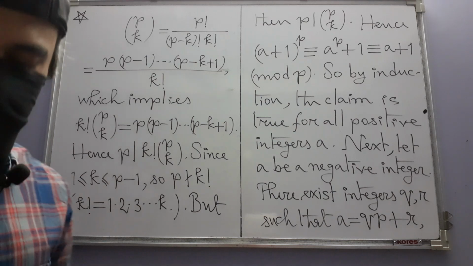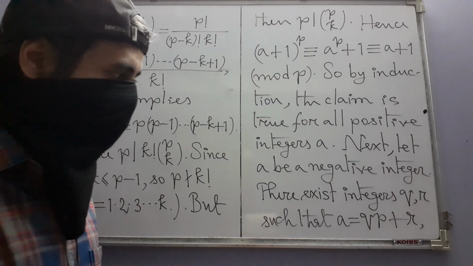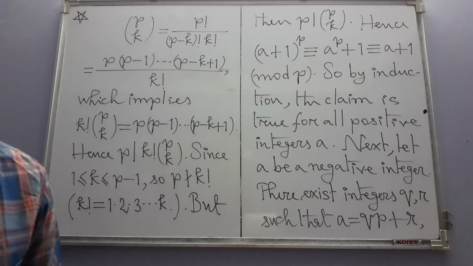That means we are dividing a by p, the quotient obtained is q and the remainder is r.